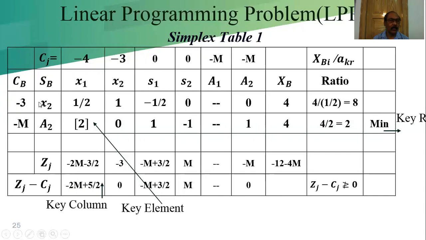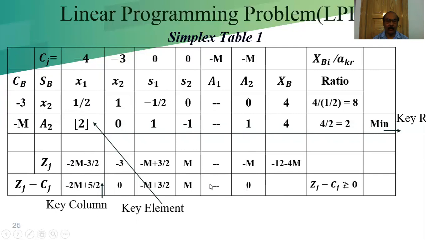This calculation we can do: minus 3 into half, that means minus 3 by 2, and here it is minus 2M minus 3 by 2. Minus 2M minus 3 by 2 minus 4, meaning plus 4, gives minus 2M plus 5 by 2. So we can easily calculate all the Zj, then Zj minus Cj.